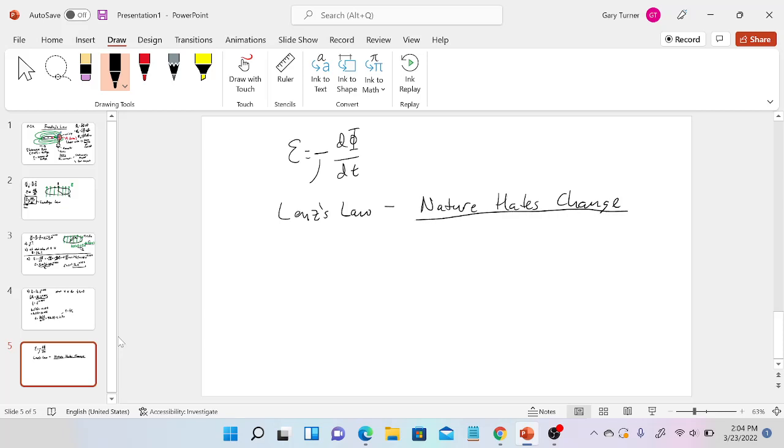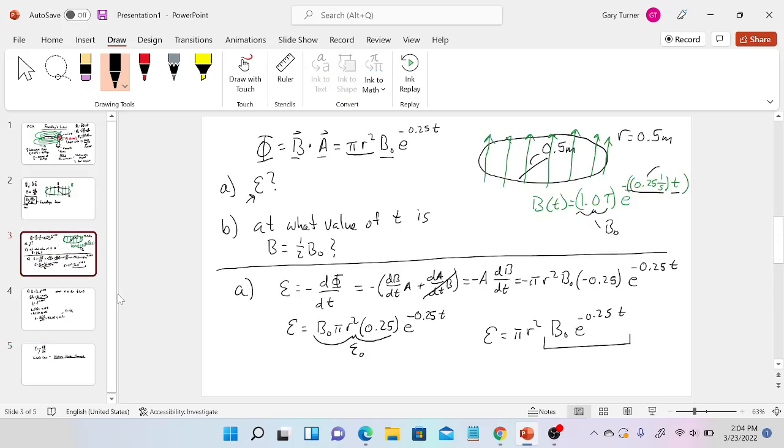So, what's happening? When I have a situation like this, and my magnetic field is going to die down, I'm going to induce an EMF in my coil, and that is going to cause a current. The current is going to induce its own magnetic field. We've already seen how to calculate the magnetic field of a loop of current carrying wire.